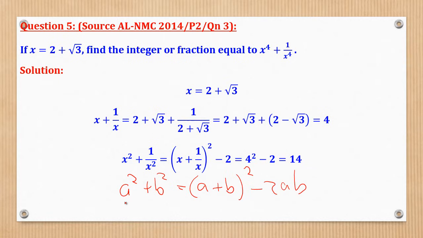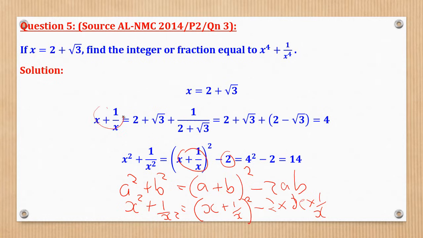In this case, our a is x, our b is 1 over x. So here, when we add, we come up with x plus 1 over x squared minus 2 times x times 1 over x. Now, x times 1 over x gives you 1. That is why you're just seeing here 2, like that. Then we substitute. We already know this value. It is here, which is 4.